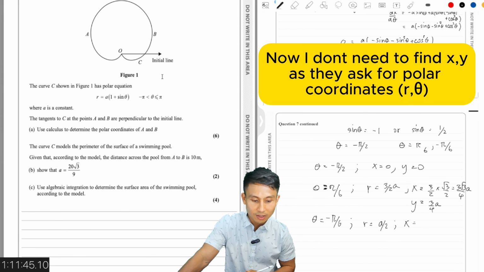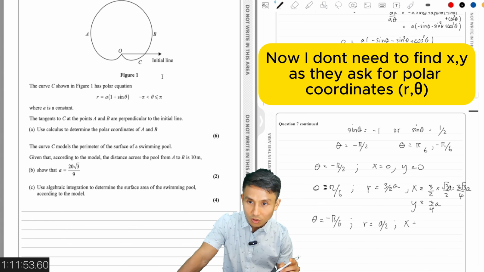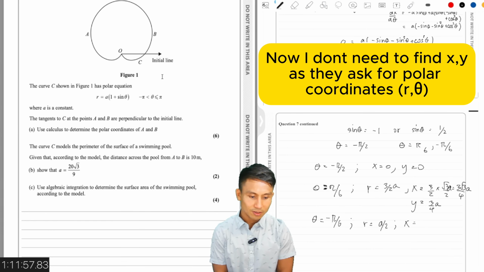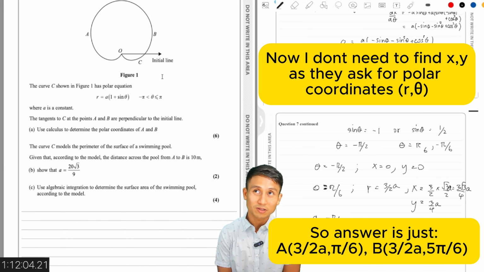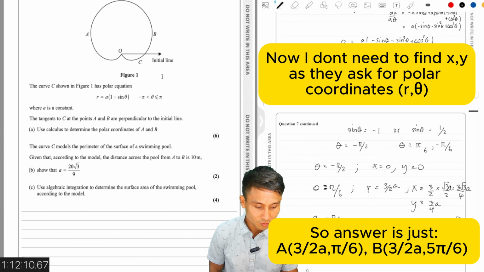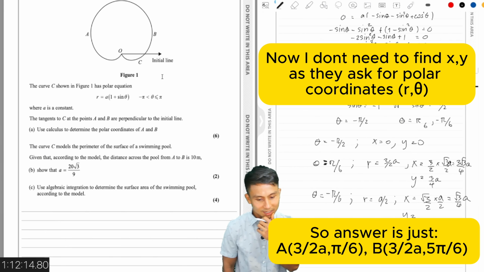Then x will be r, let me put an a here, r cos theta, so cos minus pi over 6, that's going to be a positive value, so that's root 3 over 2 times r, that's root 3 over 4a, and y is, wait, one of them should be a negative, no?